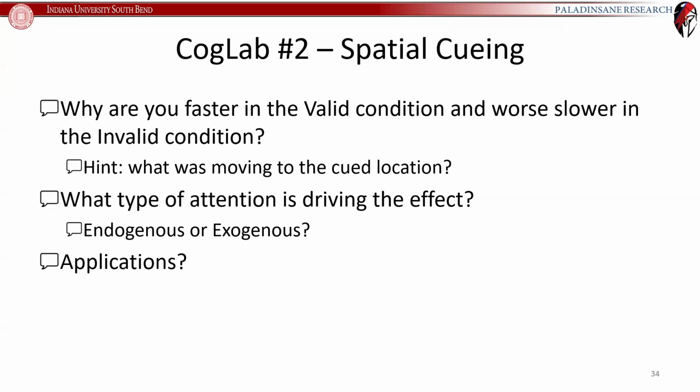Yeah, so that's a really good application of the endogenous versus exogenous. The fact that we have stoplights, the way that they're designed, the fact that they change, all of these things can help to grab your attention in an exogenous way.